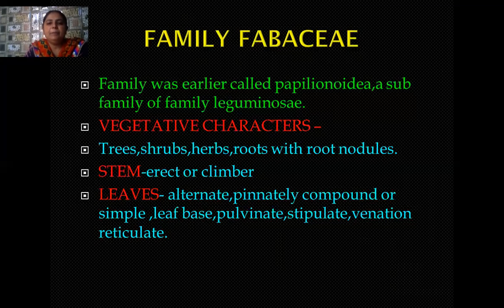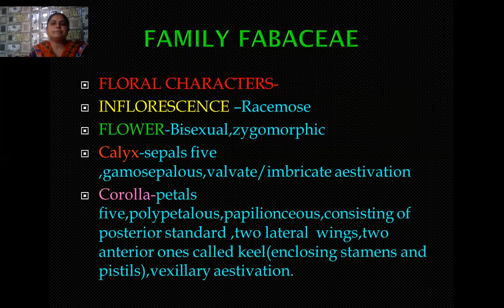Then the leaf base is pulvinate, and stipulate means small stipules are present over the leaf base. And what kind of venation? Reticulate venation is there. You know that reticulate venation is the characteristic feature of dicotyledons.